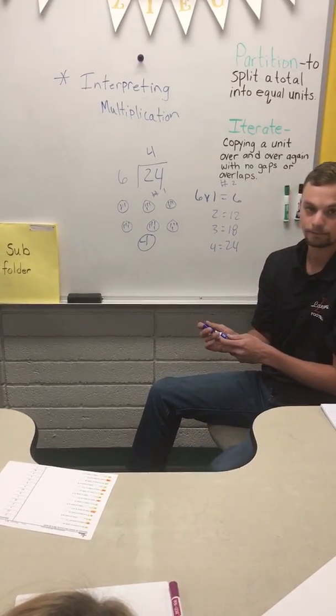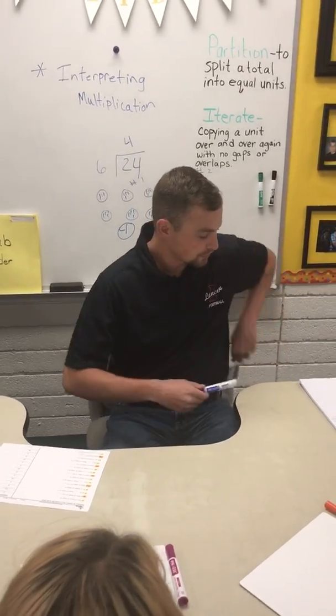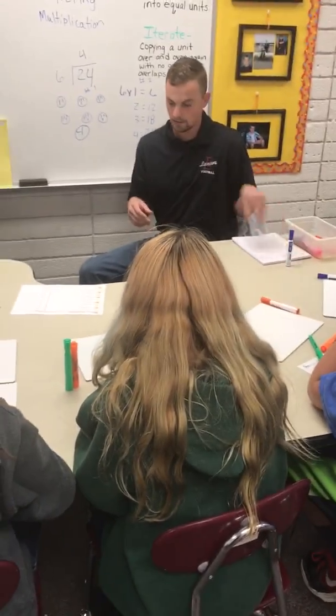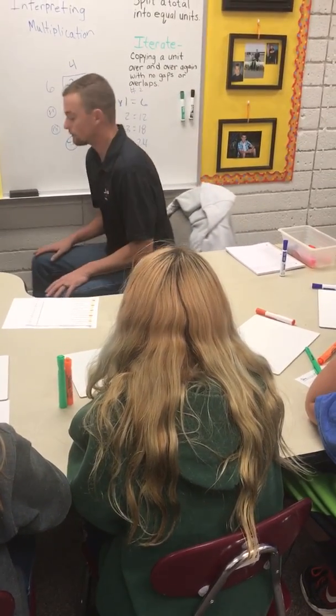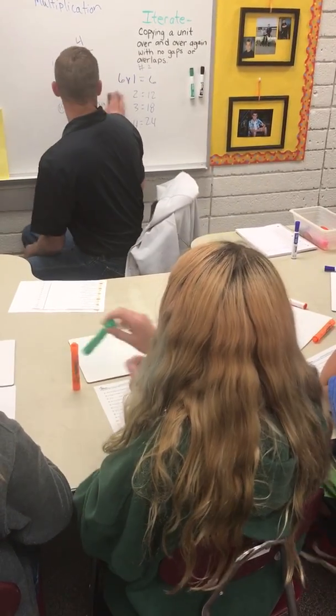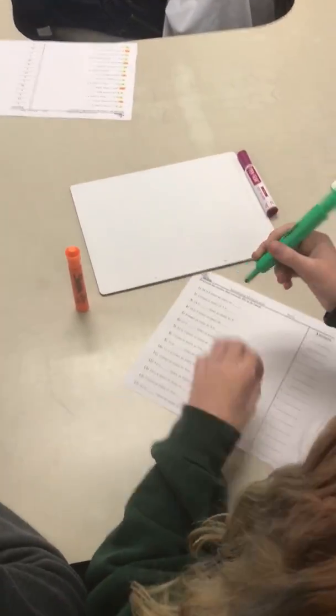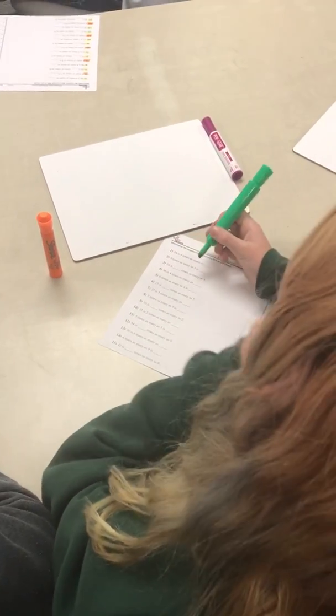No. Okay. So first what we're going to do is highlight in green the problems that we are going to need to divide in, and then highlight in orange the ones where we can simply multiply without any division.